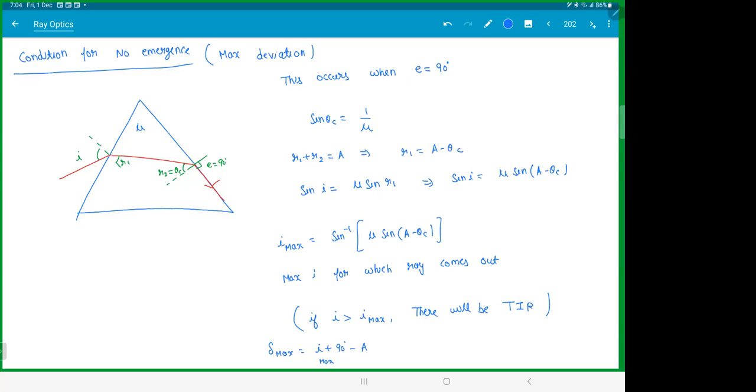Clear? Next thing. This next one was asked in an exam.